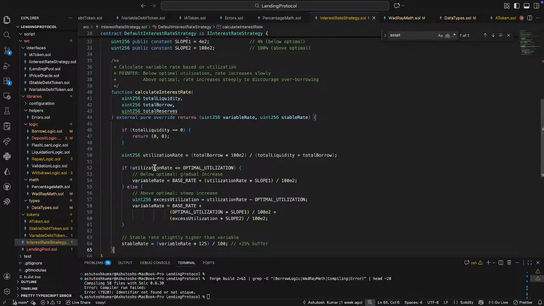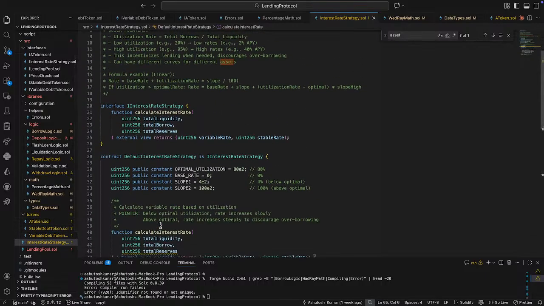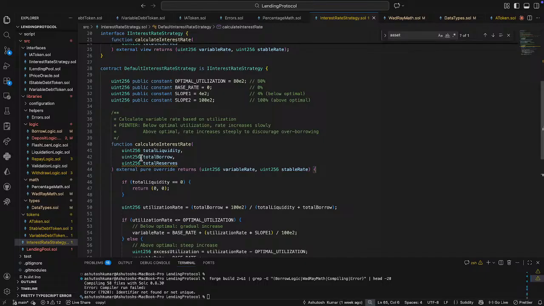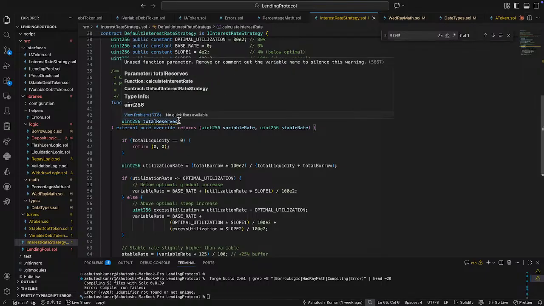AI is useless here. Interest rate strategy calculation only takes two parameters: current borrow, current liquidity, and rate is event driven, not time driven.